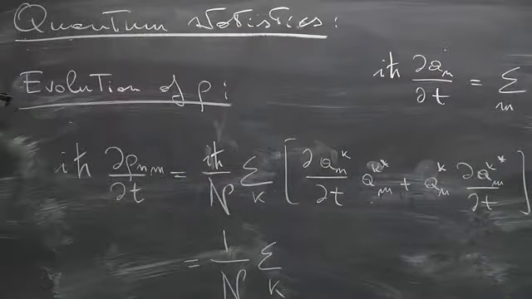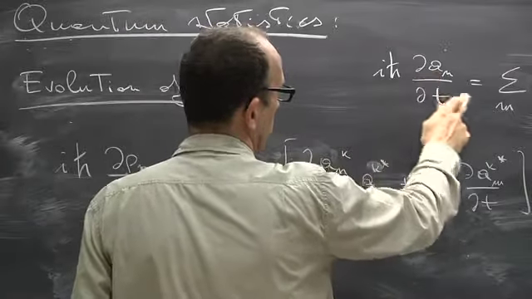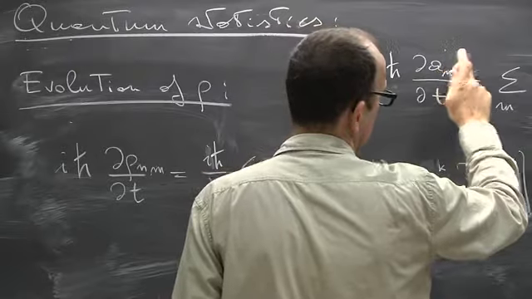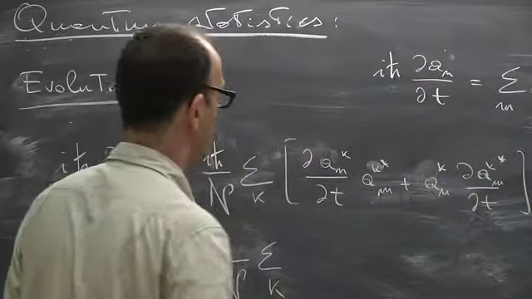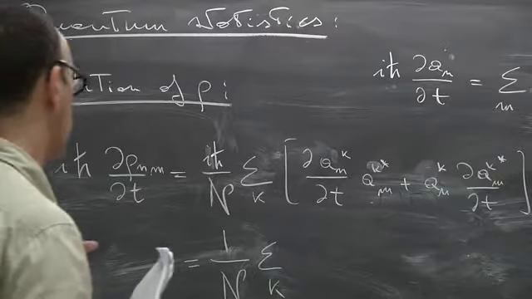And of course for the complex conjugate, I will have a minus sign, i h bar times the complex conjugate will be a minus sign, and the complex conjugate of m.